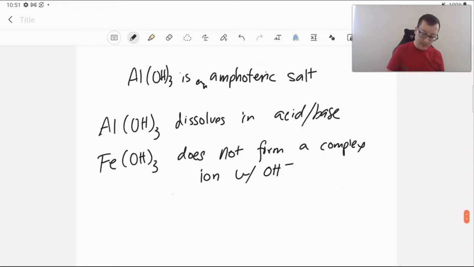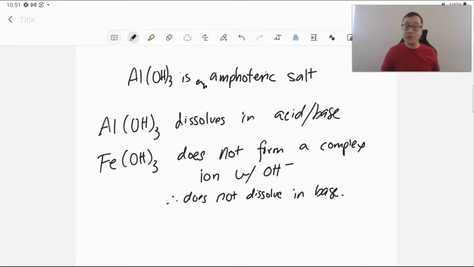And as a result, does not dissolve in base. So, if you're trying to separate aluminum and iron from each other, even if they're just regular ions, you can turn them both into hydroxides and then keep making it more and more basic. Your aluminum will redissolve, but your iron will precipitate out. And you can separate your iron this way. And then you can go ahead and separate your aluminum later.